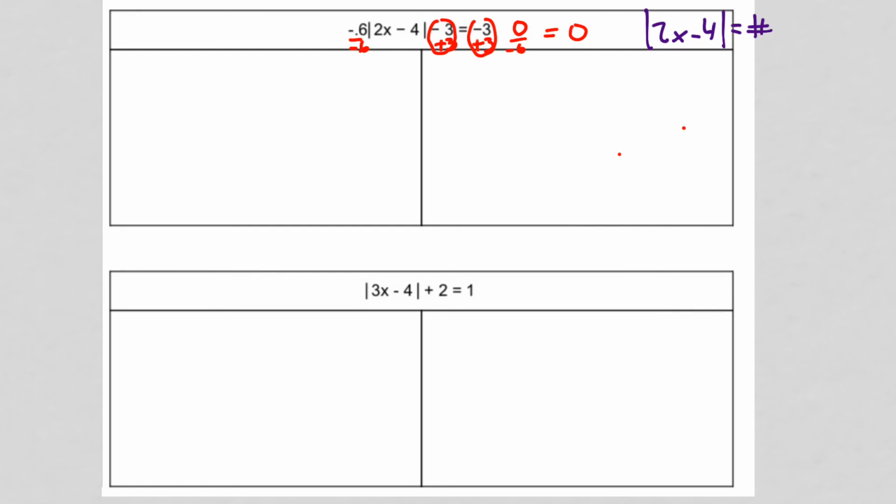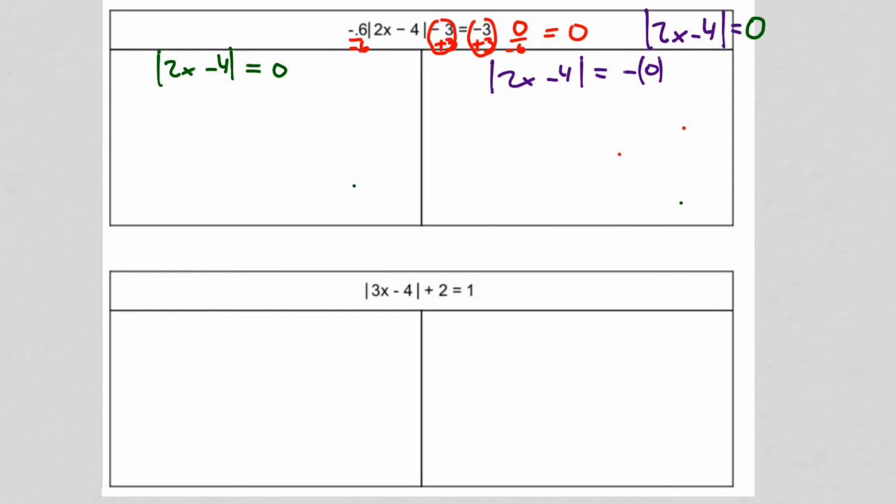So the number that we came up to that this was going to be equal to is in fact 0. So you basically have in brackets 2x minus 4, the absolute value of that is equal to 0. And on the other side, you have 2x minus 4 in brackets is equal to a -0. And you're like, wait, you can't even have -0.